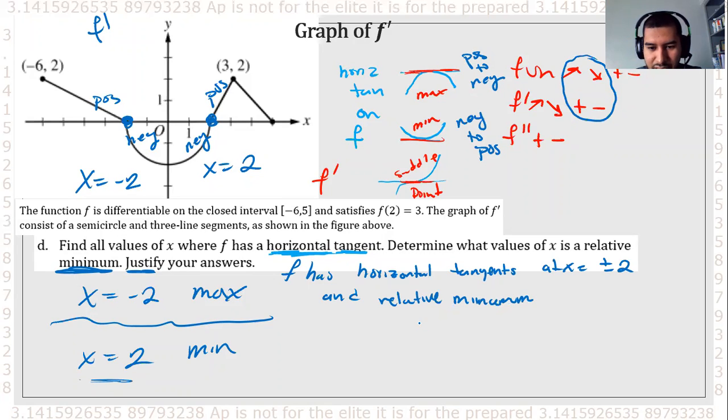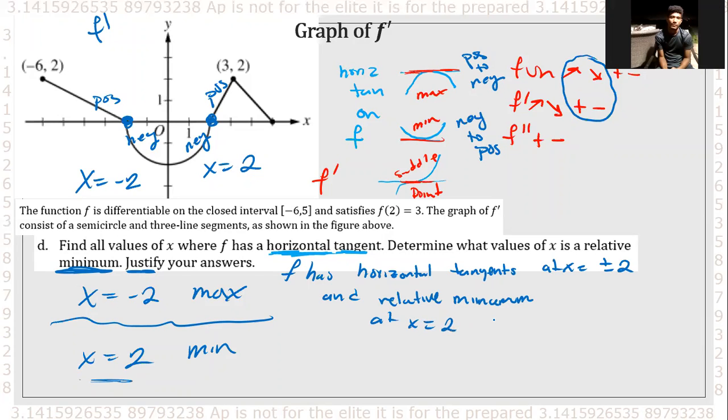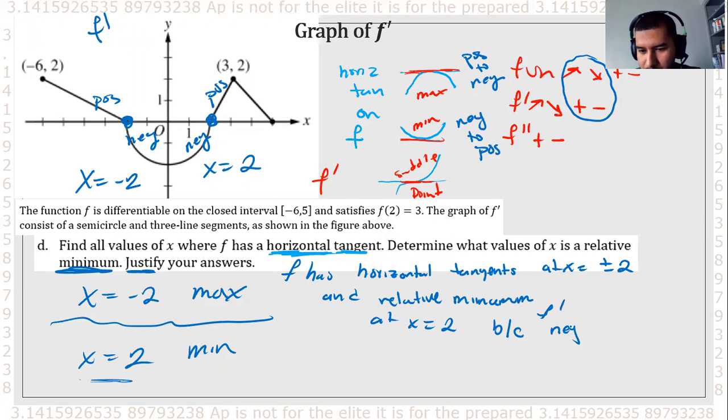Sorry, I can't type. Relative minimum at x equals 2 because, and we just state what happened, f prime went from negative to positive.